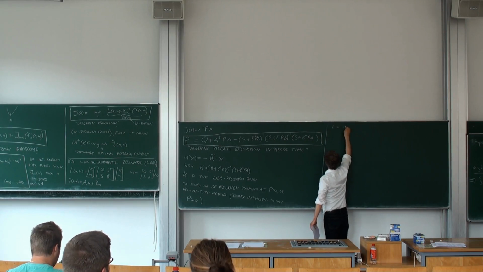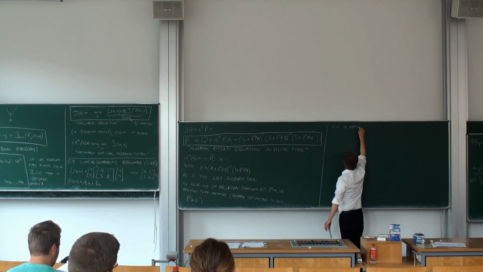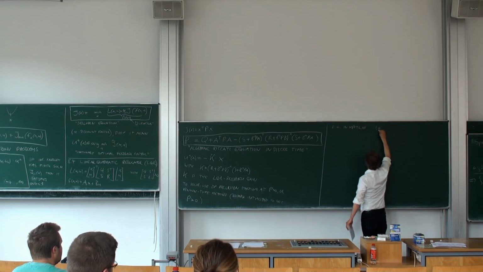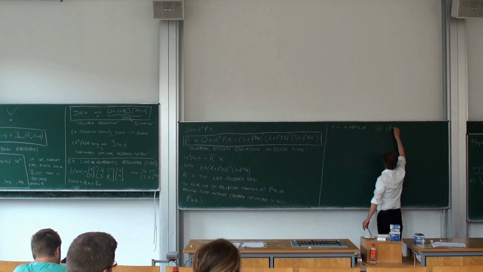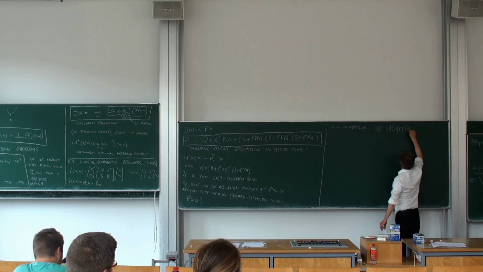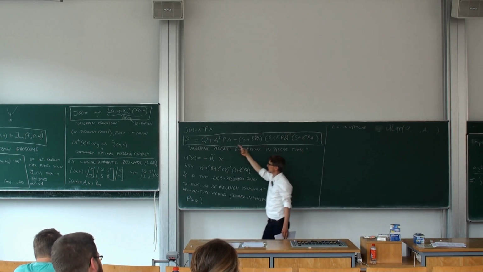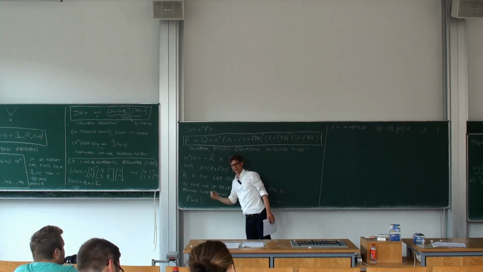In MATLAB, for example, it would be something like the command LQR. Sorry, I think it's even dlqr, the discrete one, and then it expects your matrices and system, and it spits out the matrix P and the matrix K.